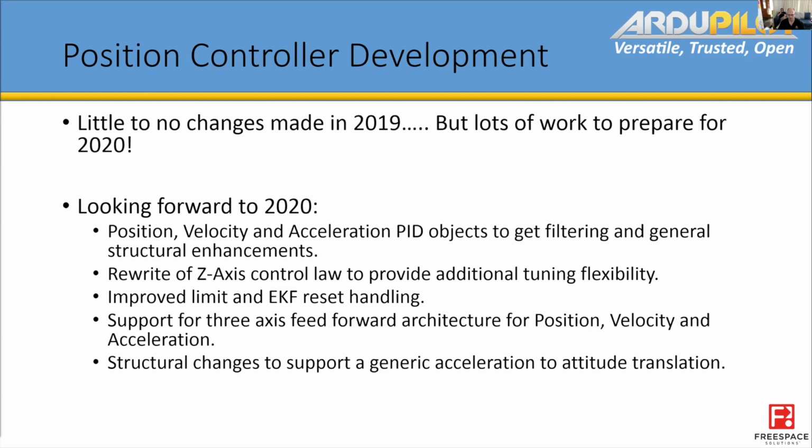If we have a reset event, we take our last error and our current EKF output and work out what our new target should be, and then we start the loop again and calculate forwards from there. That guarantees that an EKF reset can't create a twitch in the aircraft.